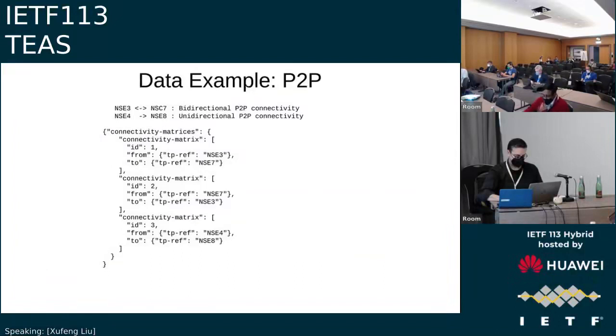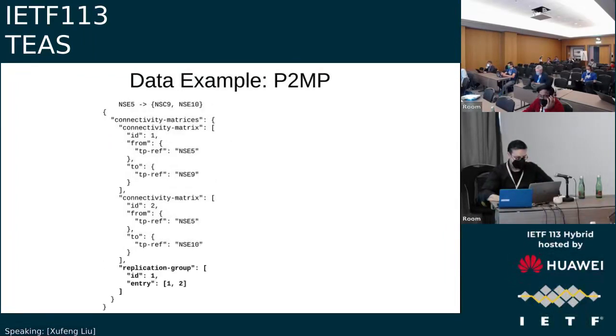Some examples here. This is P2P, so it's already there. We just list from the from side to the to side. So that's nothing new. Here is the idea for the P2MP. We already have two constructs, ID1 and ID2.